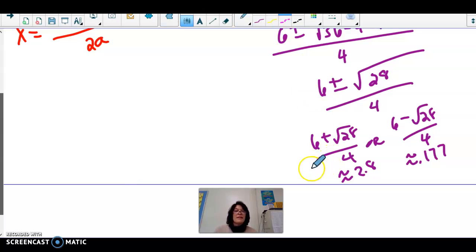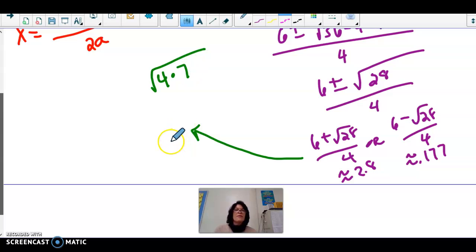You can simplify these. I am not going to be requiring you to do that right now, okay? I think you did this before. Simplifying square roots. The square root of 28, isn't 28 7 times 4? And I can take the square root of 4, right? The square root of 4 is 2.